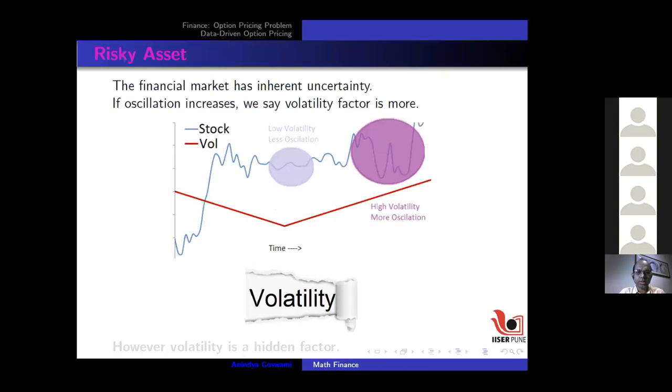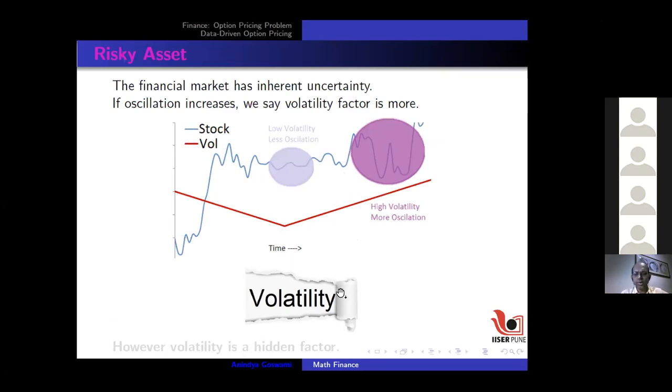So let me start with a very conceptual introduction about the uncertainty of the financial market, which does not require any prior knowledge, has inherent uncertainty. This much I can assume that all of us agree. And when the oscillation increases, then we say that the volatility factor is more. So that is the shortest introduction of the volatility factor.